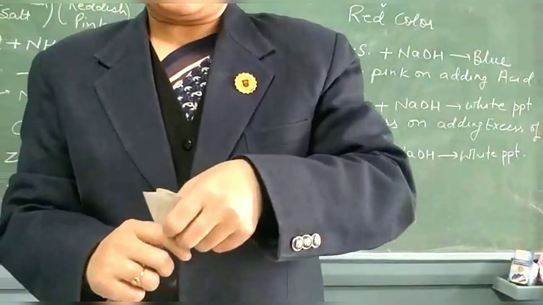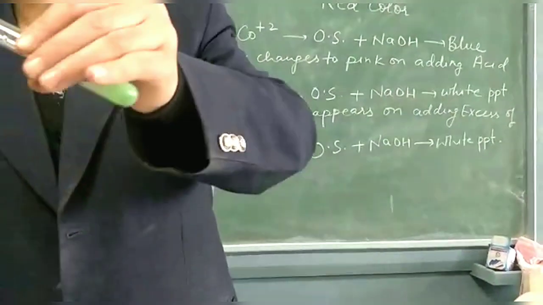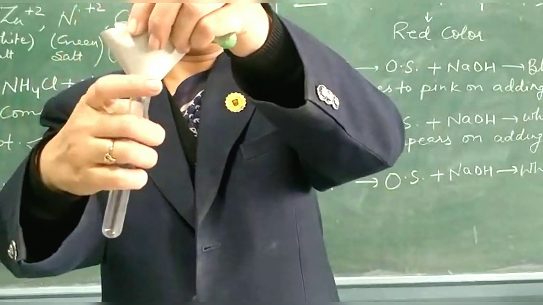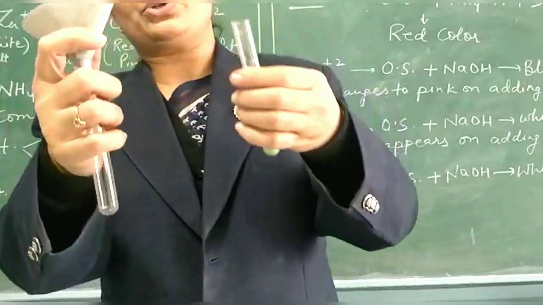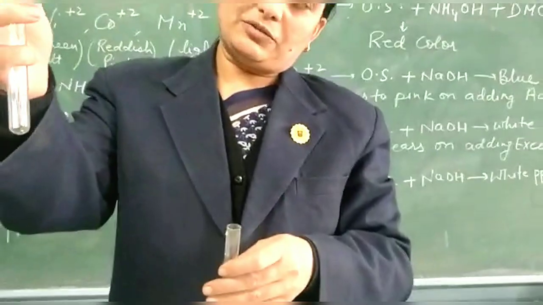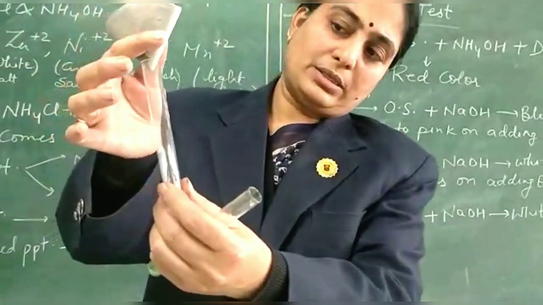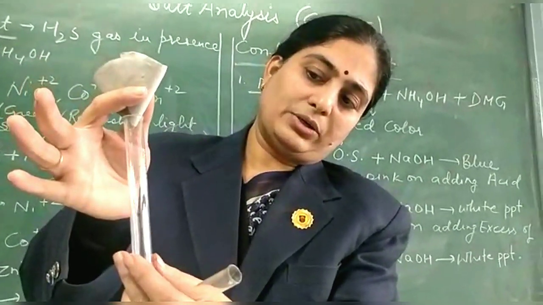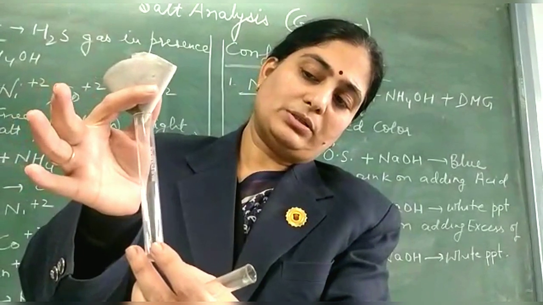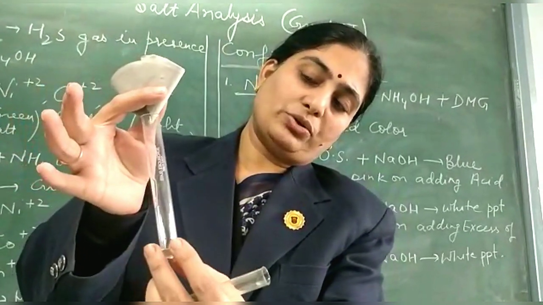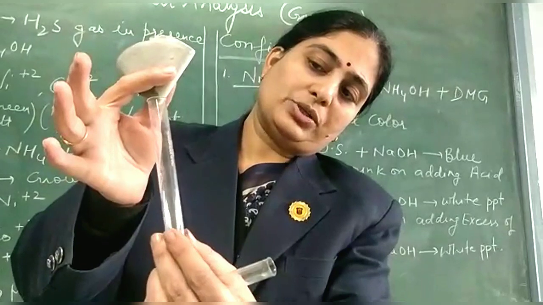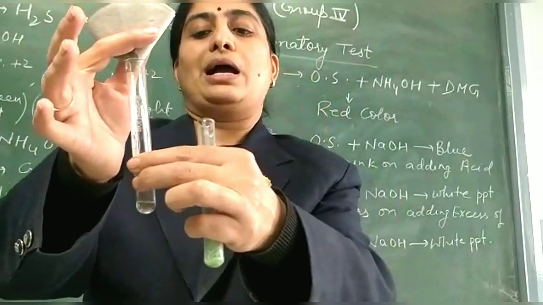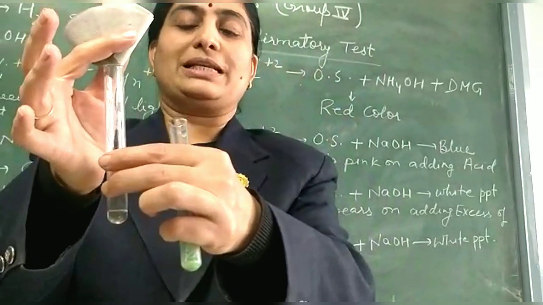I need a funnel, but to make it a little faster, I'm just filtering directly into the test tube. You can see the solution comes down dropwise. I'm not using a funnel, just to show you how the solution comes out drop wise. I'm taking this clear solution and we'll do the test further for this nickel ion.